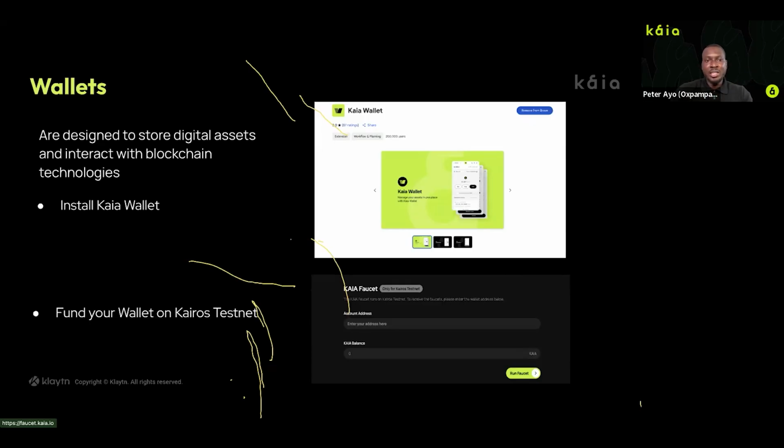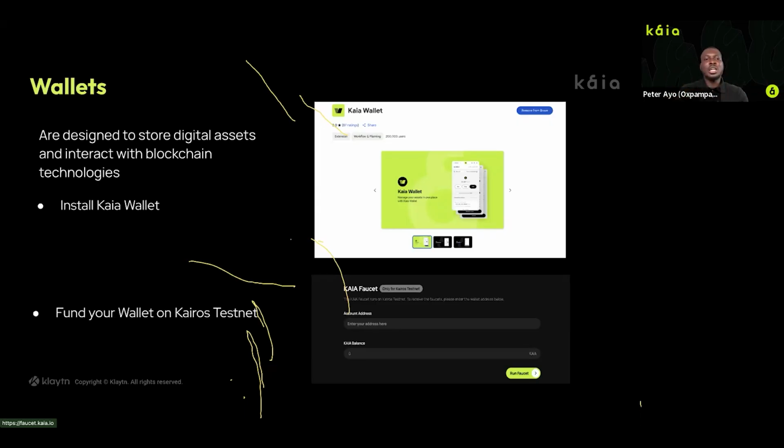We talked about transactions, and I said a transaction is how the blockchain state is mutated, but the transactions have to actually originate from somewhere. And so for the most part, wallets are designed to store digital assets and also initiate transactions on the blockchain. They basically hold your assets, take, for instance, your Kaia tokens, your Ethereum tokens, or your Bitcoin, and whatsoever type of tokens.